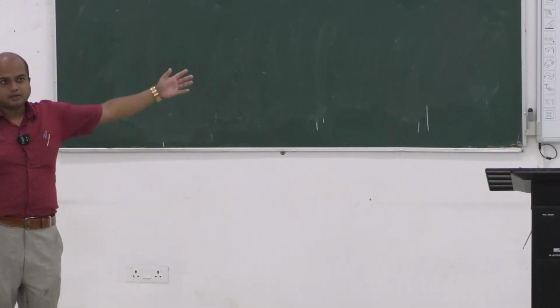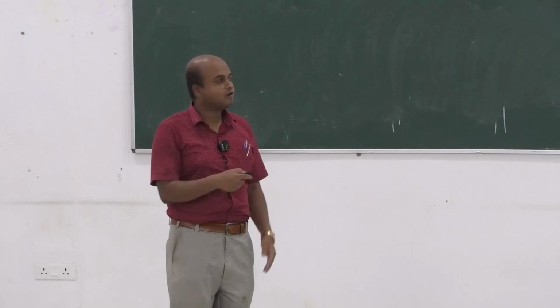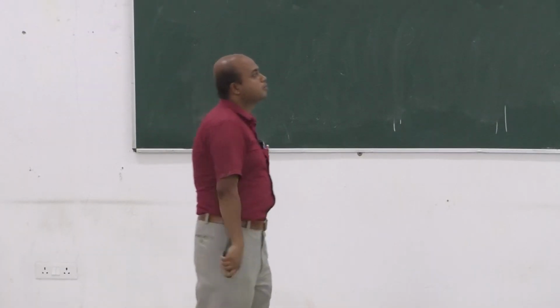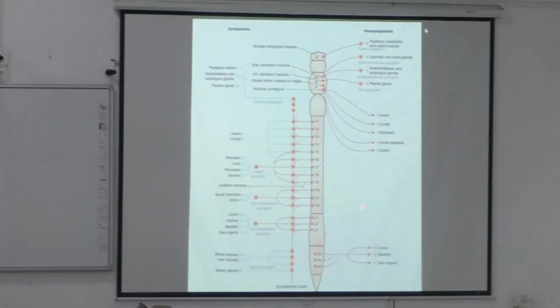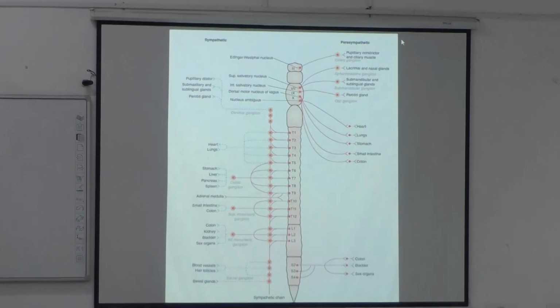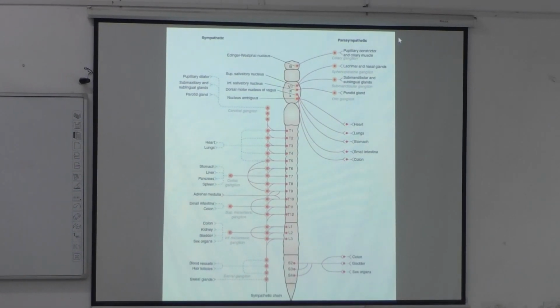Later, only about 100 years ago, we came to know that there exists a separate division, the parasympathetic. Most of these organs, heart, lungs, all the GI tract organs, the bladder, the male and the female sexual organs, are under the control of both divisions, sympathetic as well as parasympathetic.